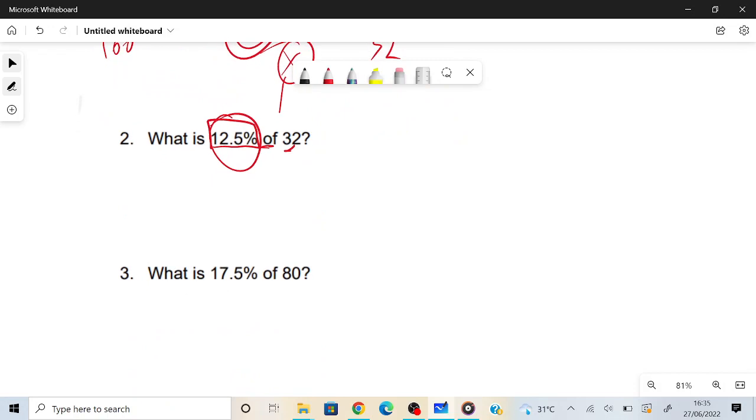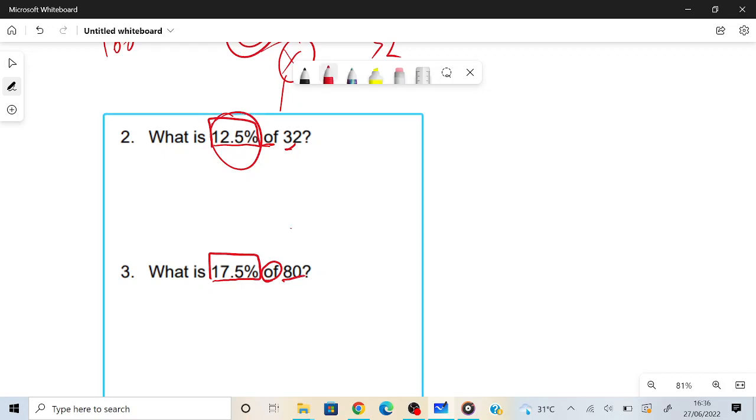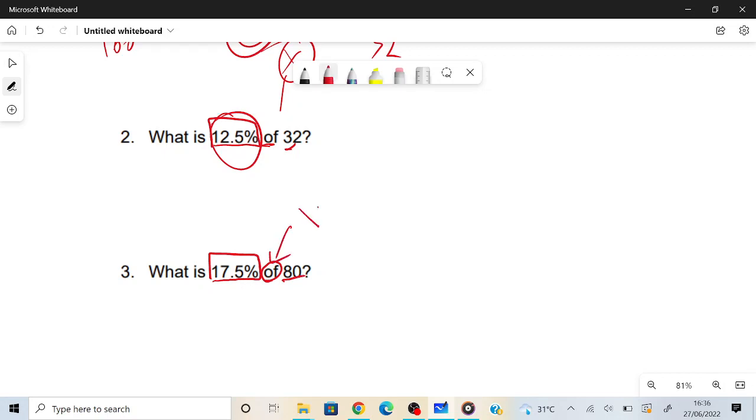On to the next example. This question says, what is 17.5% of 80? First things first, we know this of is representing multiplication. Then the next step is take this over 100. So you have 17.5 over 100.